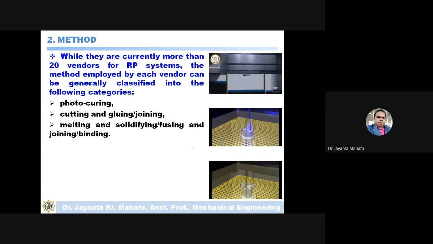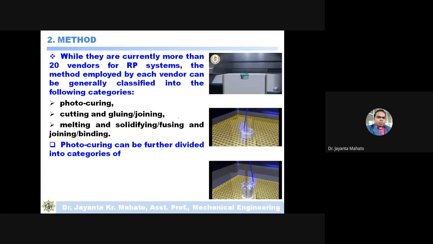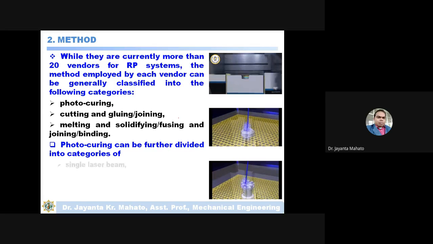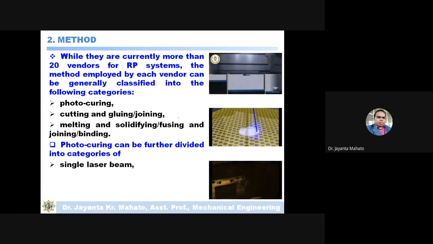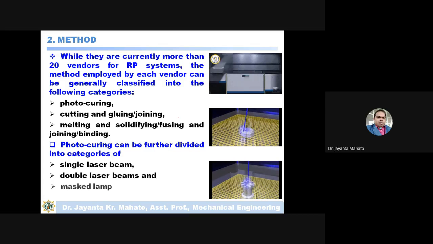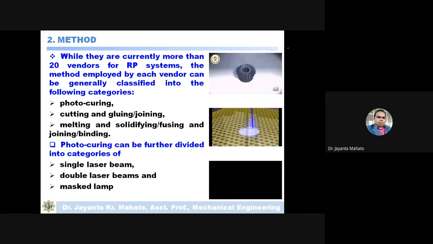Now, photo curing can be further divided into categories. Suppose the curing process is required. In this process, either a single laser beam can be used, or a double laser beam, or a master lamp can be used.